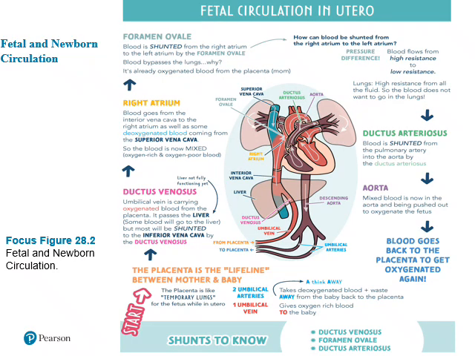It should go from the right atrium into the right ventricle, but right there you already have a hole, which is the foramen ovale. Blood is now shunted from the right atrium to the left, straight to the left atrium by the foramen ovale, and the blood will bypass the lungs. Why? Because the lungs are not functional yet, and there's no need for the blood to stay there.